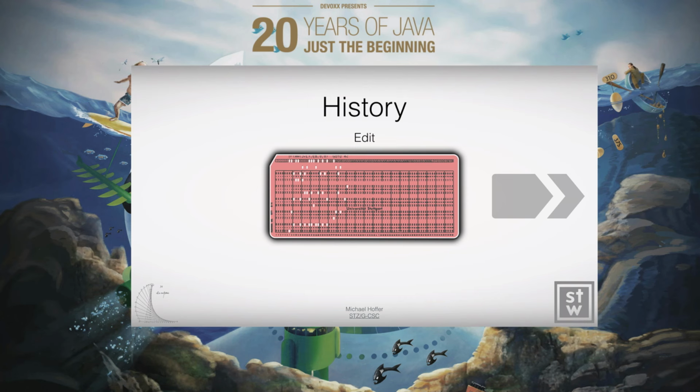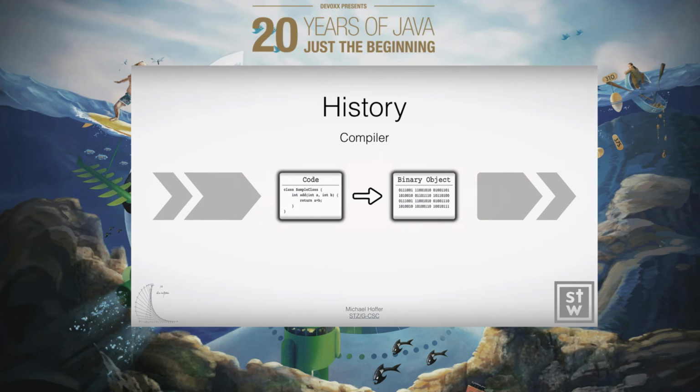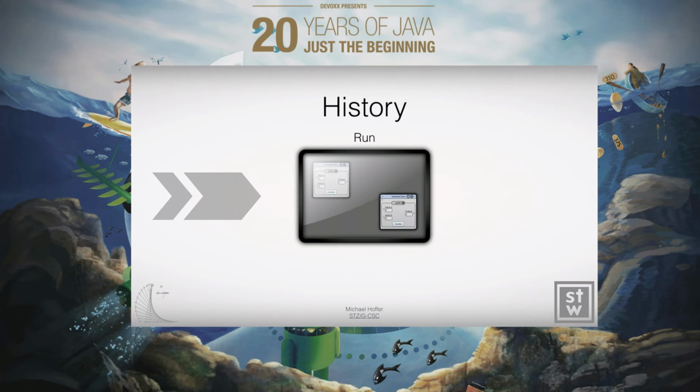And computers were not able to run an editor and a compiler or even the program at the same time. So that's why we have these distinct phases, because people thought, okay, we have to first edit the program, then load the compiler, create a binary representation of the program, and then finally we could run it. But actually, that's not the only way to do it.